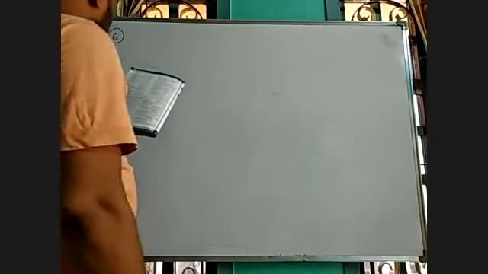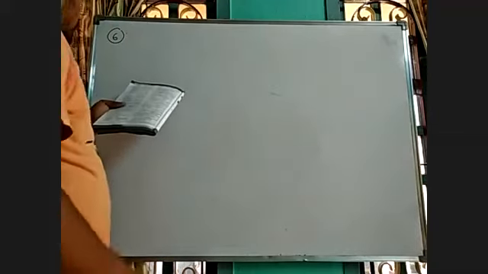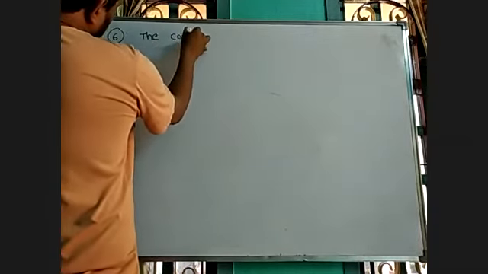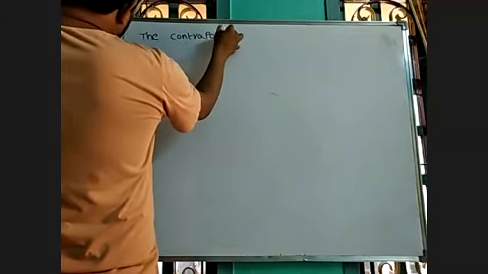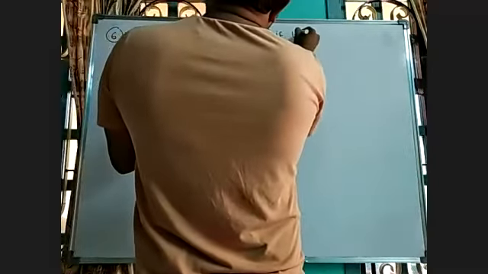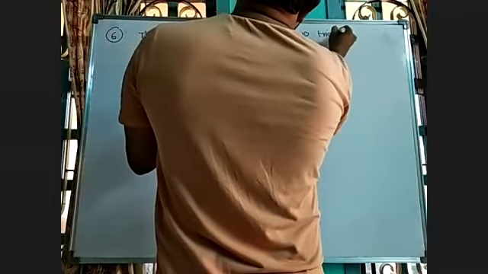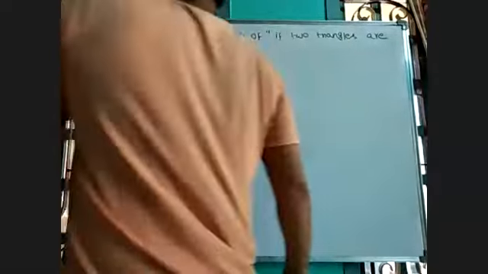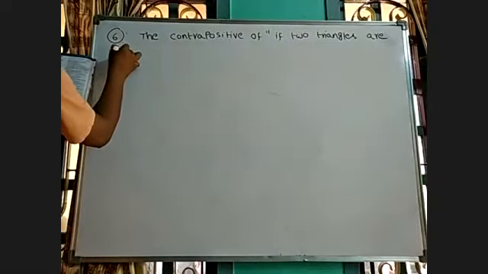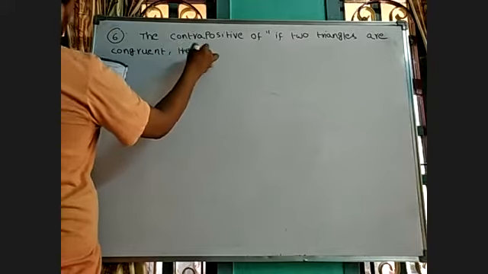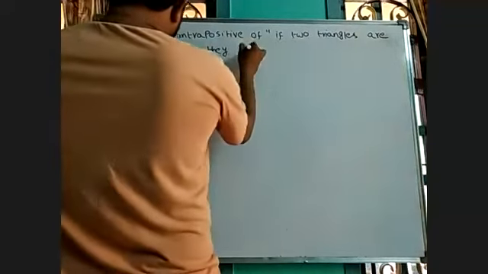Next, question number 6. The contrapositive of: if two triangles are congruent, then they are similar.